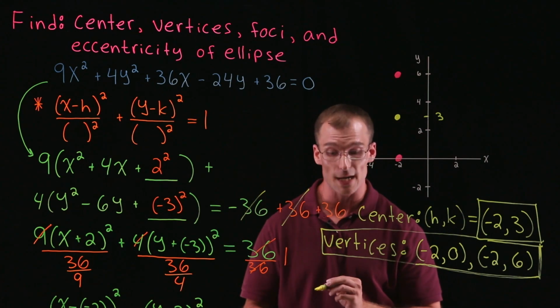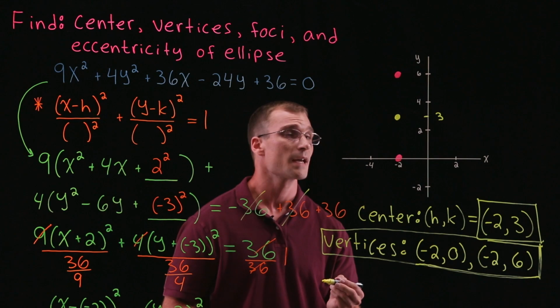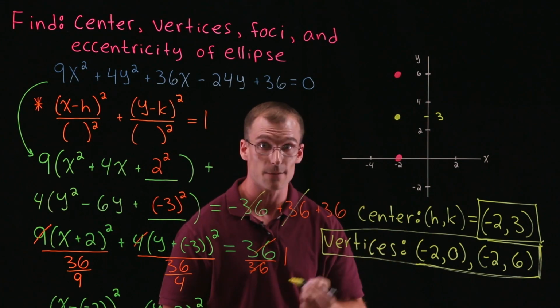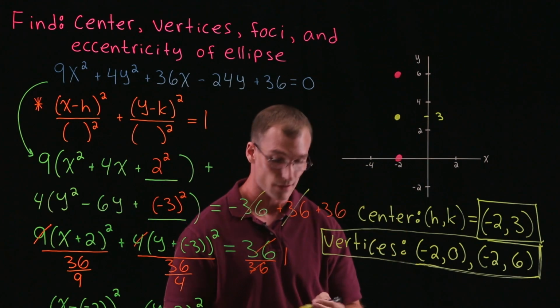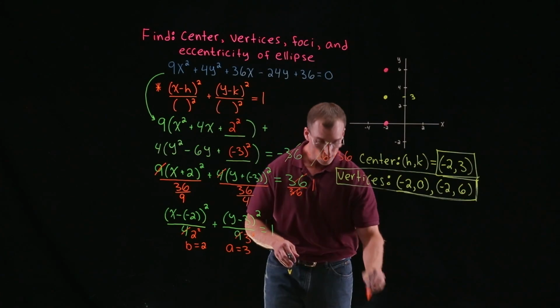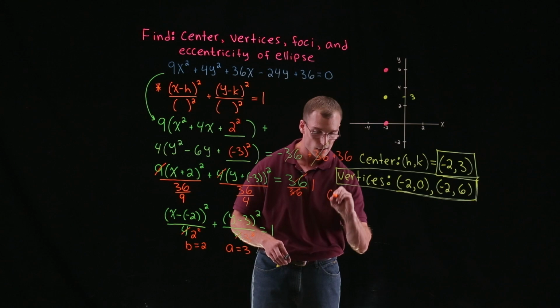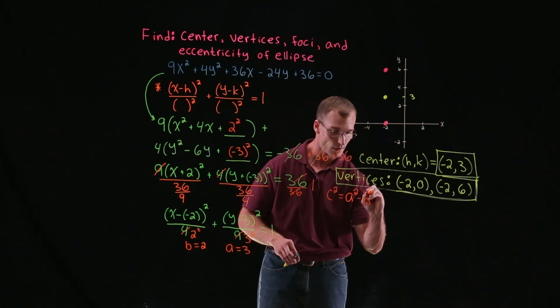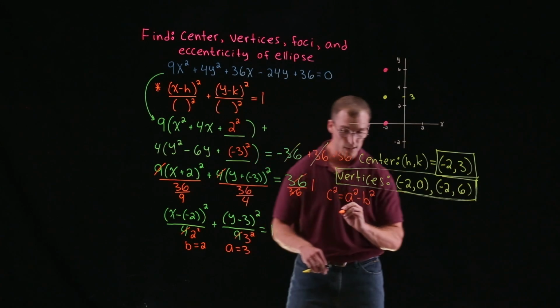Okay, so we have our vertices and our center. Now we want to look at our foci. We can find that by going from the center up and down a value of c in the vertical direction. So how are we going to find c? Well, we know that we have this relationship: c squared is equal to a squared minus b squared. And we know what a and b are.